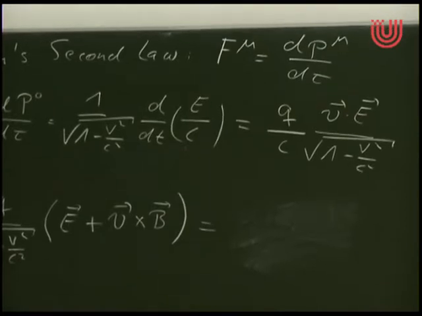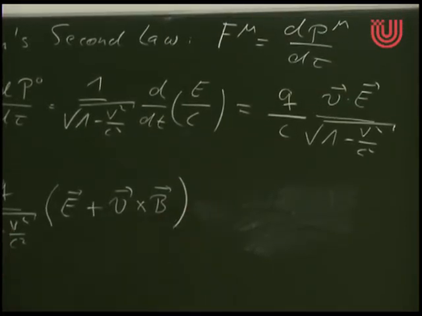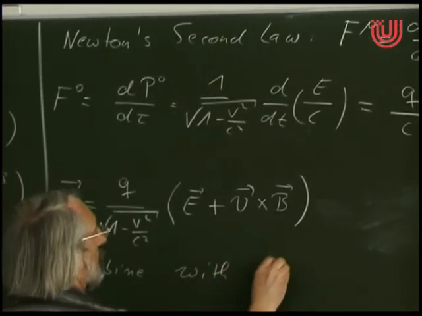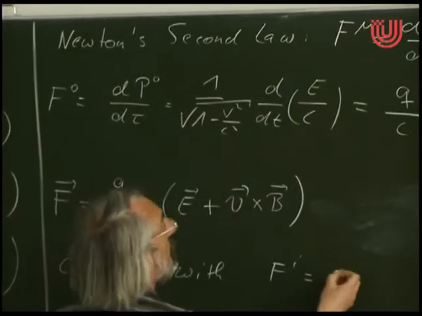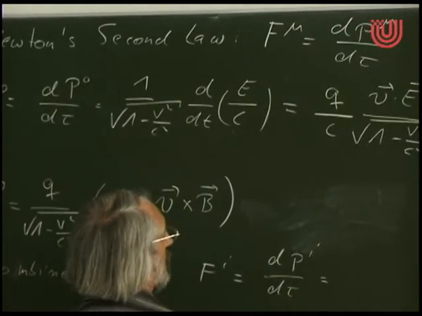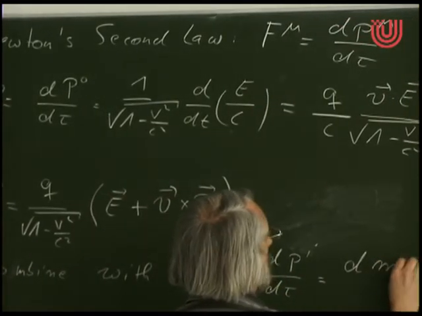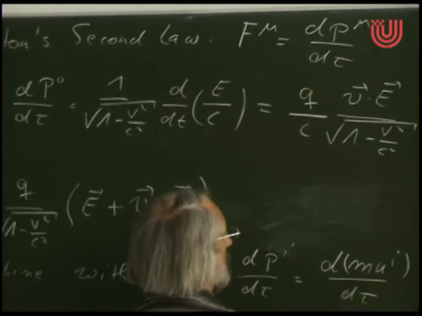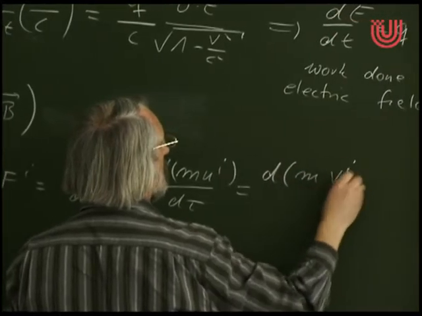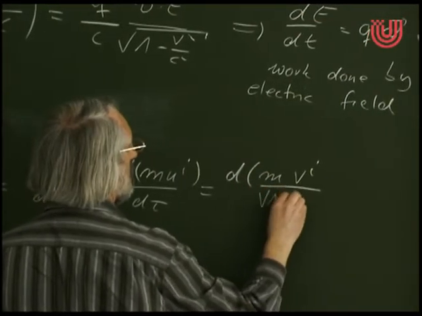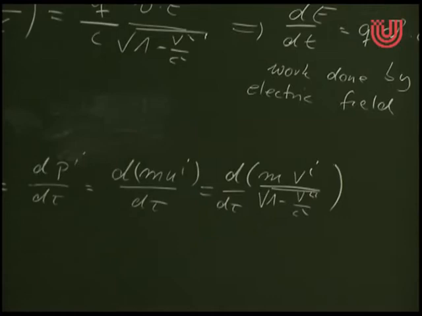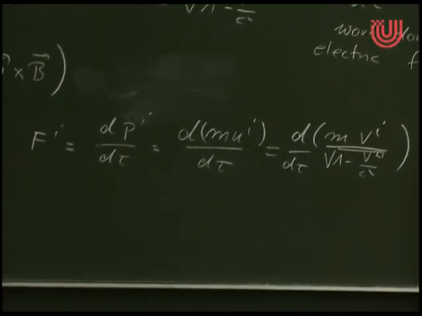So, combine with F^i, according to this formula, is dp^i by d tau, and dp^i by d tau is just m du^i by d tau, and u^i is related to the standard 3-velocity by dividing by the square root. Okay, and now I can combine the two things in vector notation.